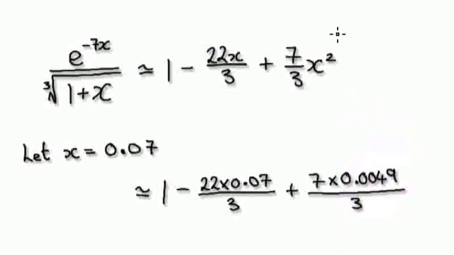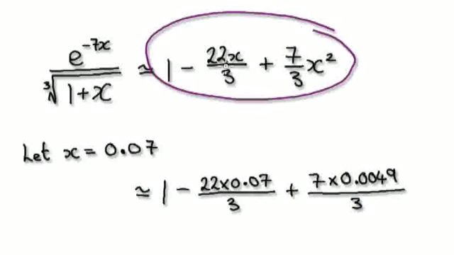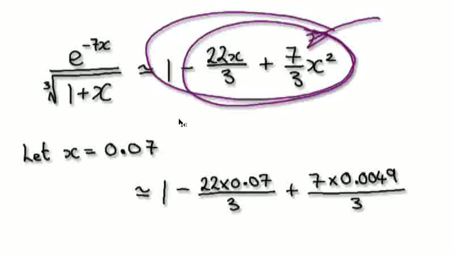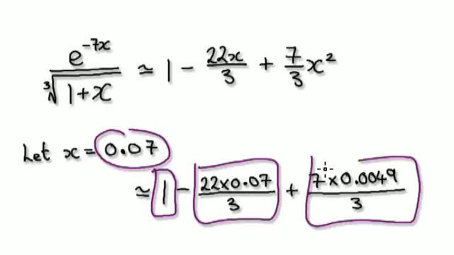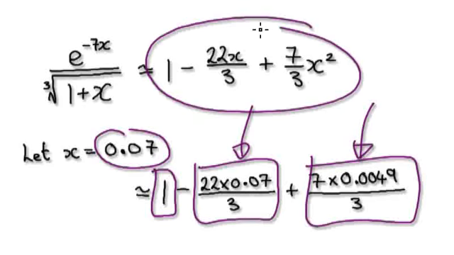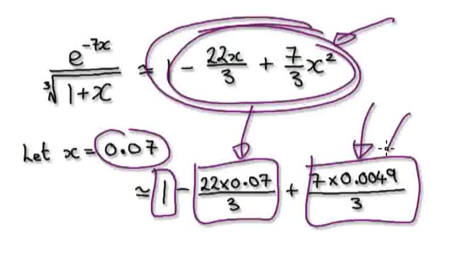Because don't forget, this thing here has already incurred some sort of error inside this whole thing here. And when you have x equals 0.07, that equals this, take away this, plus this thing here. But this thing here is tiny in comparison to this. Because this is already an approximation, we've already incurred some sort of error, and this thing here is going to be tiny in comparison.